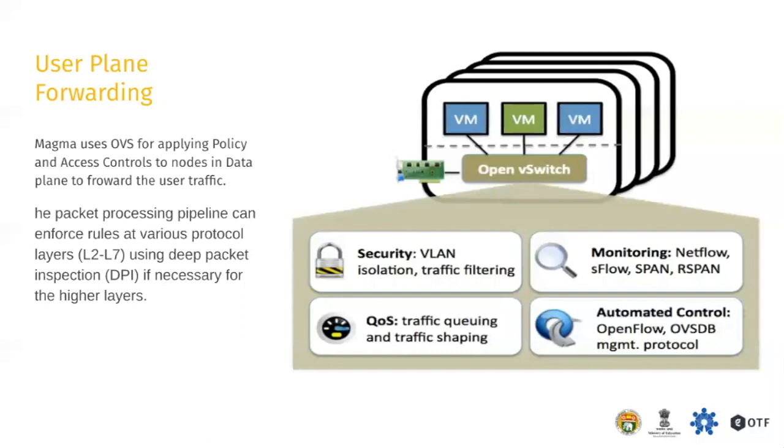Once the IP is allocated to a device like a subscriber with a UE or a SIM, they retain that IP until it expires. Then they can get a new IP, or the same IP if it is DHCP based. So it depends on how you do the packet processing pipeline. The pipeline is established using Open vSwitch, which has monitoring allowed through OpenFlow as well as sFlow, and many automated controls are there.